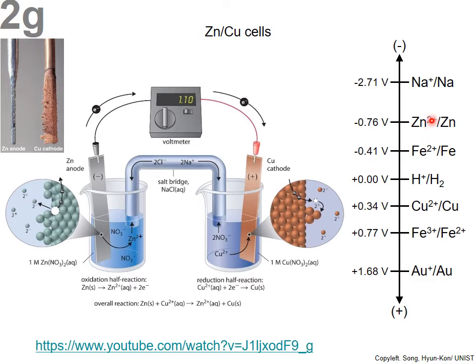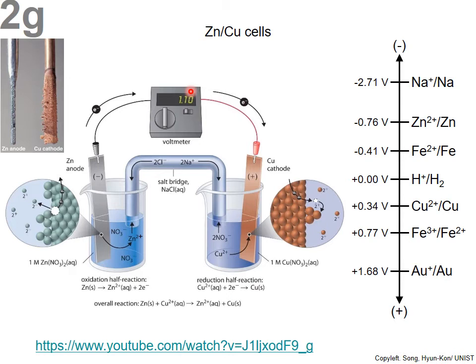Then the potential gap or electromotive force of the zinc-copper cell read by a voltmeter would be plus 0.34 volt minus minus 0.76 volt, which gives 1.10 volt. Then let me connect this battery to some device which should work at 1.10 volt.